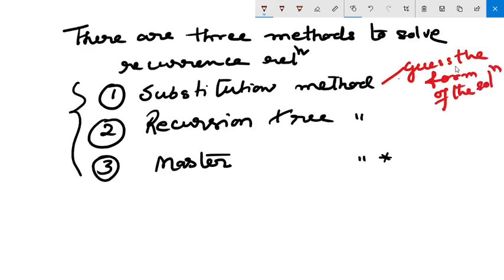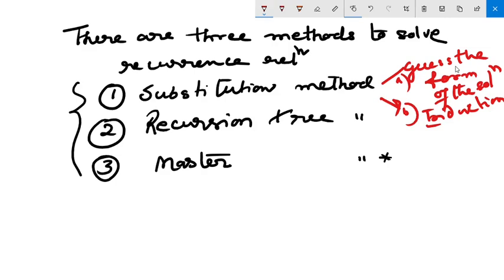This is point number one. Point number two, it uses mathematical induction to find the constant and show the solution works.